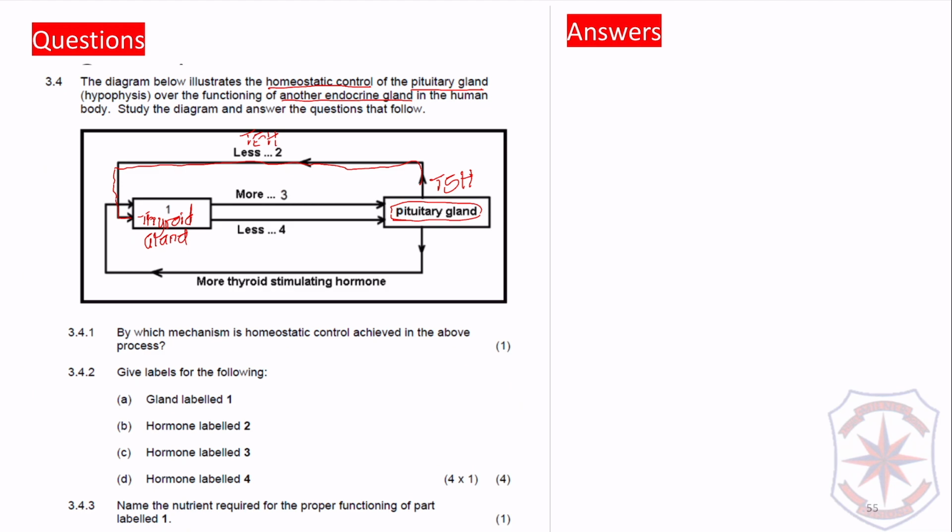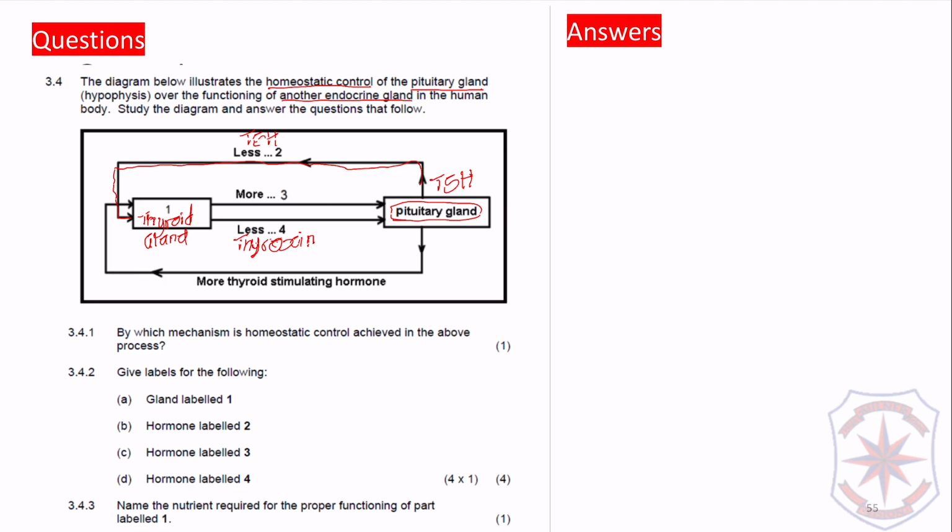So when the pituitary gland secretes less TSH, the thyroid gland will secrete less what? Which hormone does the thyroid gland secrete? The thyroid gland secretes thyroxin. Less TSH, the thyroid gland secretes less thyroxin.